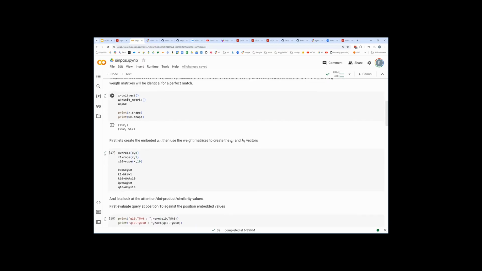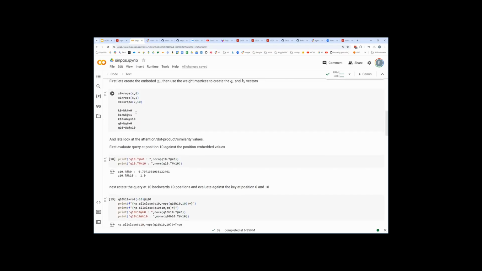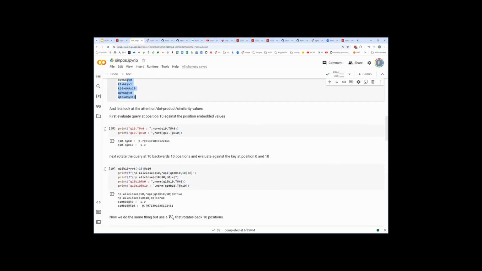But let's see, I went through and explored just taking a matrix, having weight matrices that rotate it, then did the rotation of the embeddings and multiplied the weight matrices times those hidden states, the X's, with the embedding already added. So again, this was more thinking of it like that original Attention is All You Need.